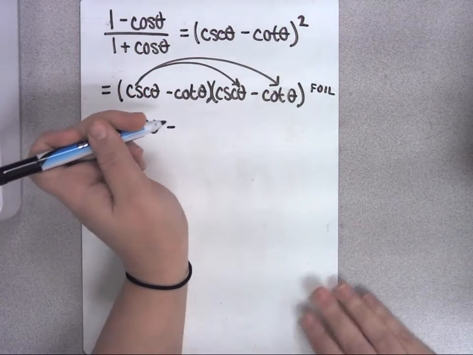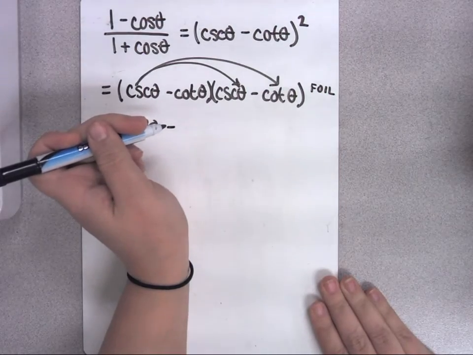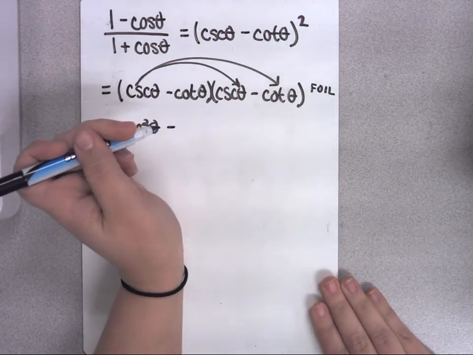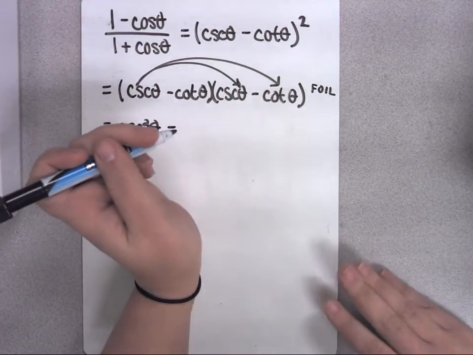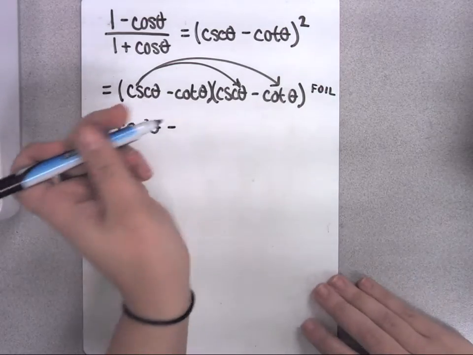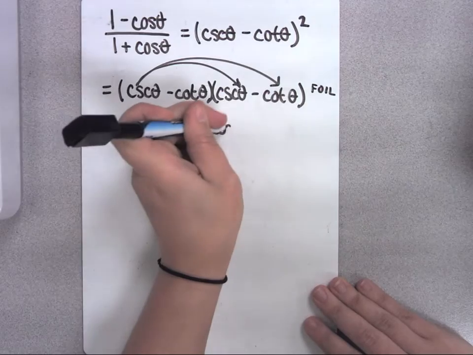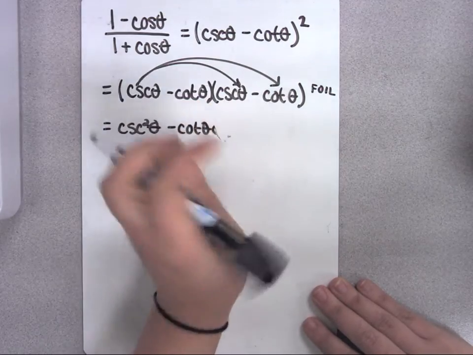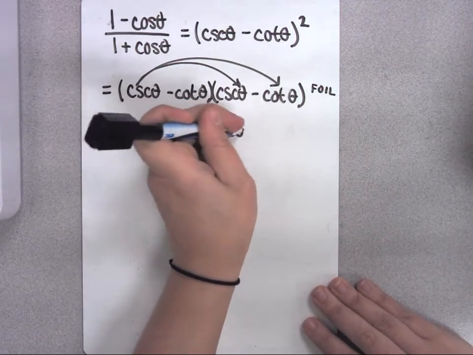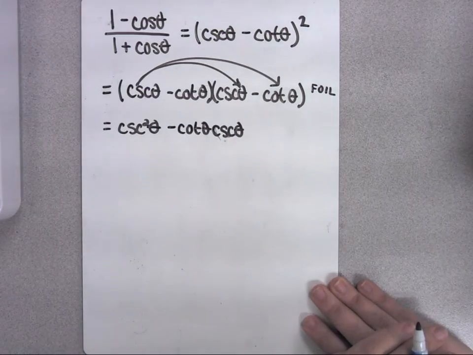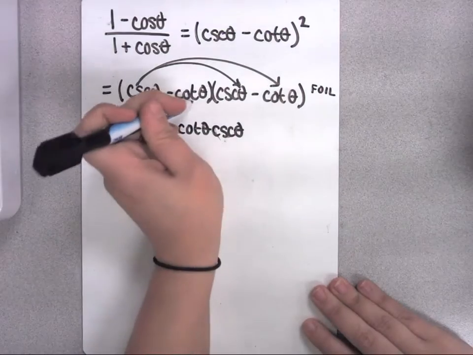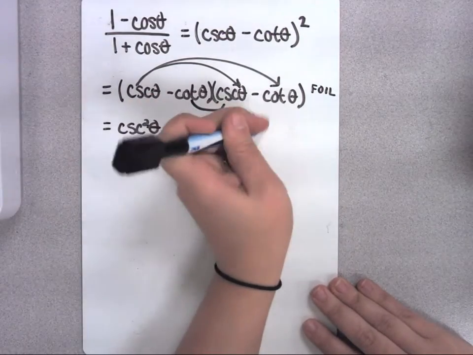It really doesn't matter. You can do alphabetically if you'd like. So cotangent technically comes before cosecant. It doesn't matter. Oop, I spelled it wrong. So cotangent times cosecant. And then cotangent minus times cosecant.